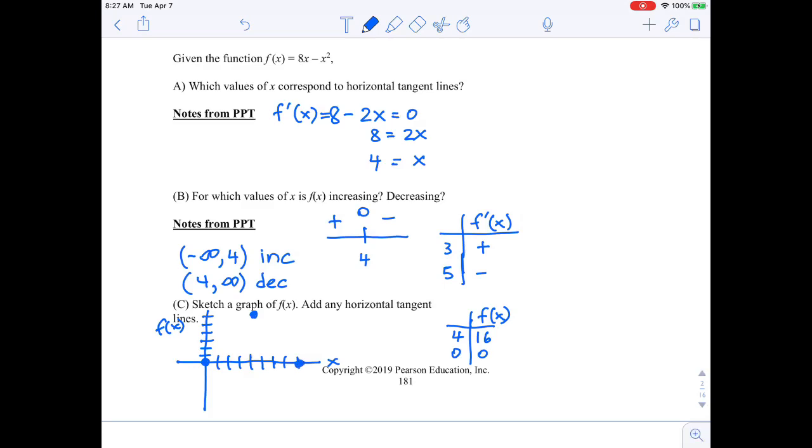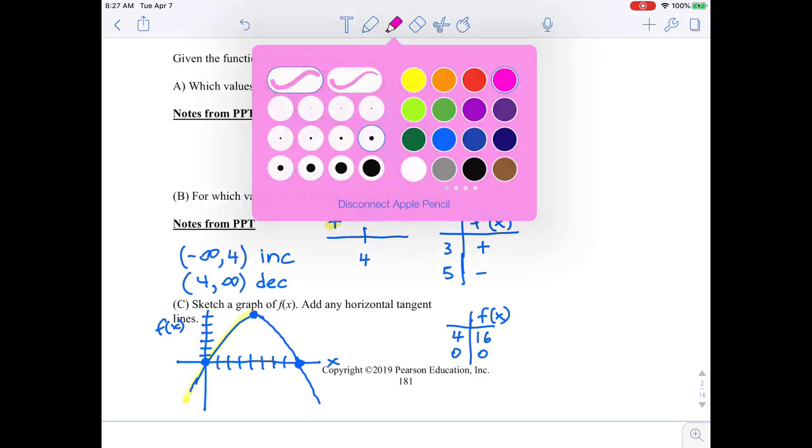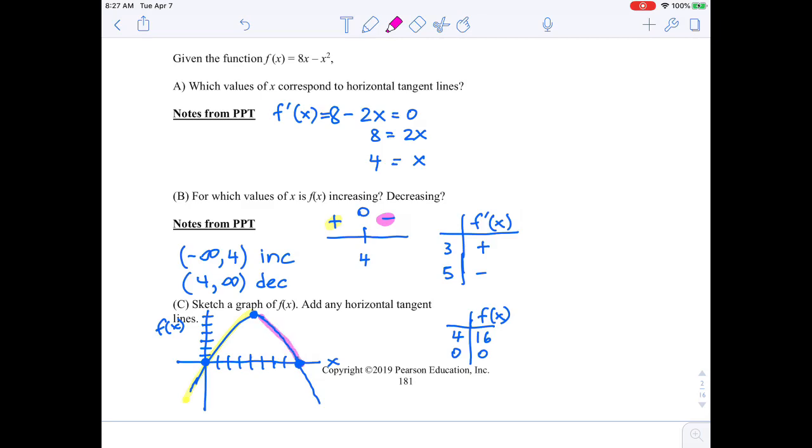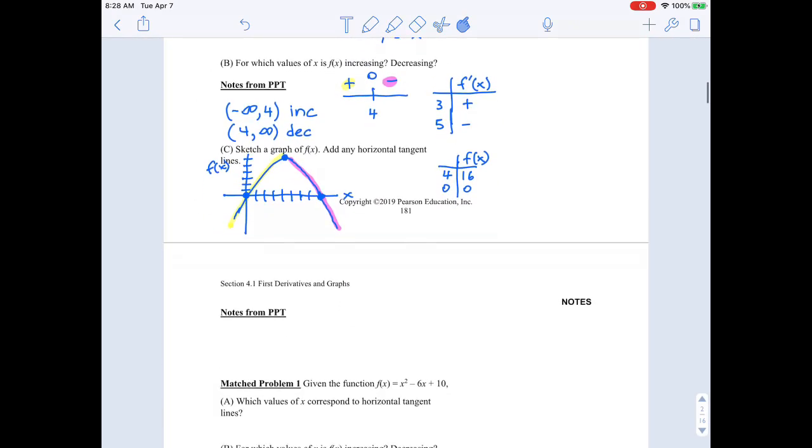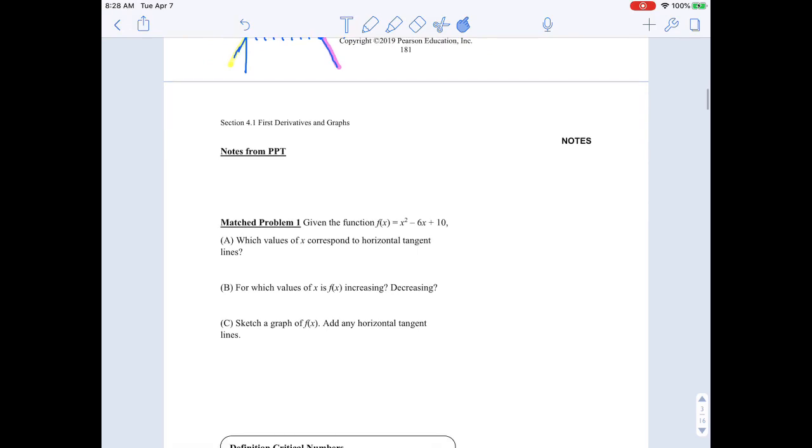And I know it's symmetrical, so it's going to look like that. And as you can see, increasing, decreasing. Okay, you go ahead and do Match problem 1. Again, don't worry about the sketching.